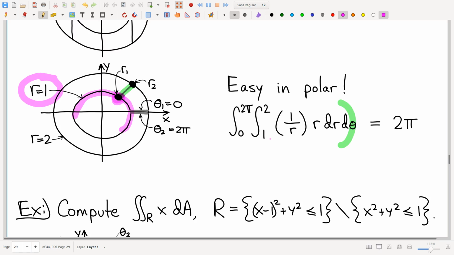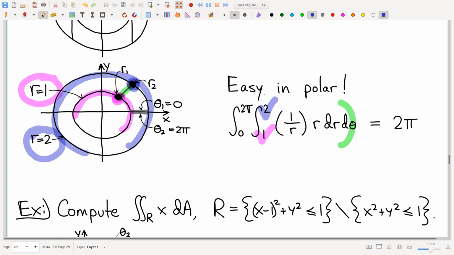Solve for r, and your inner r bound is that. And then r is going to end at that point, which is on that curve, which has that equation. Solve for r, and your upper bound is that. Up to it. Snap. World's easiest integral results.